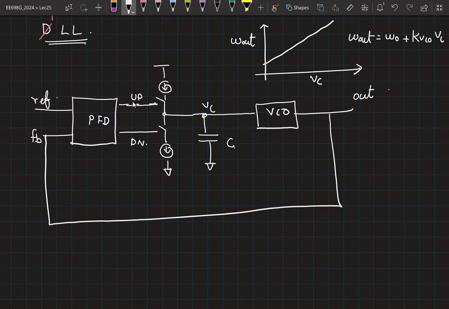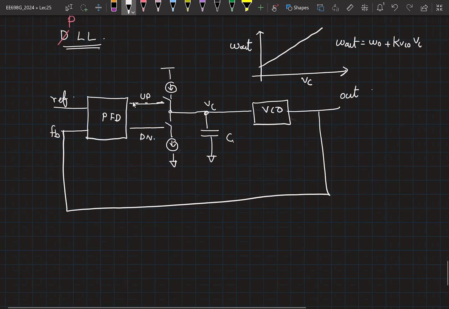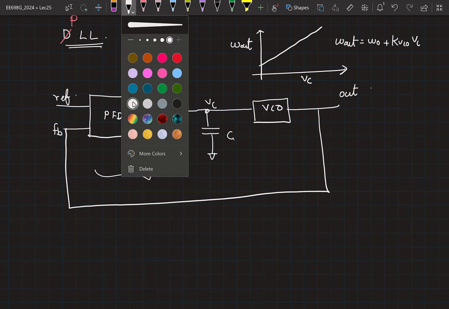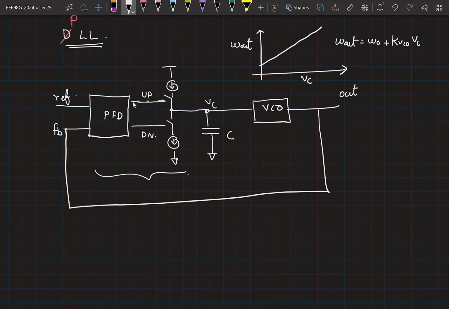What is the small signal model for this? How would you represent the output of the VCO? What is the transfer function in a phase domain model? You know this. From here, this becomes ICP by 2 pi into 1 by SC.